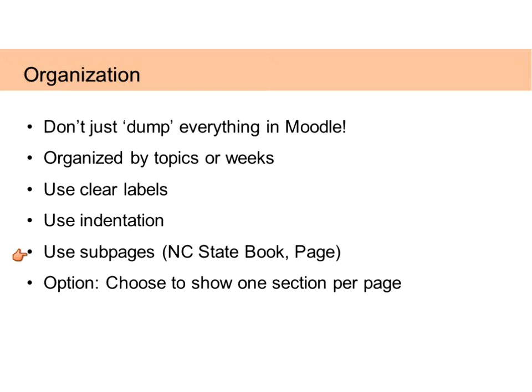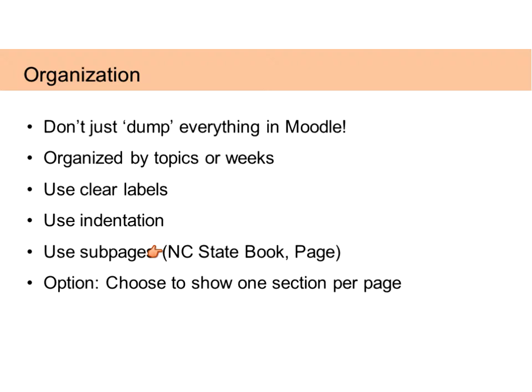A couple of tools you can use are the NC State book and the page. Later we will talk more about what these tools are, and we also have examples to show you. I know that earlier in the icebreaker someone mentioned that you want to break content into segments. These tools are a great way to break your content into smaller bite-sized pieces.